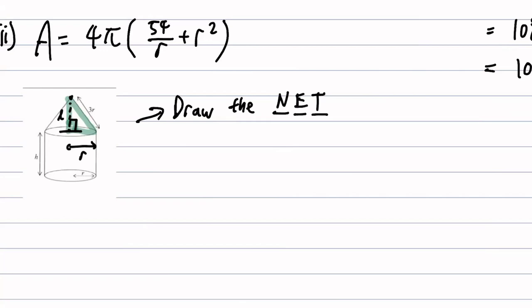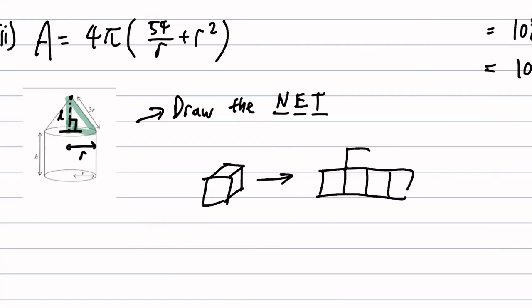You know what's a net, right? If it's a cube, the net will be hopscotch like this. Total surface area will just be the area of each of these squares. So convert from 3D into 2D. That's the idea. Is it clear?